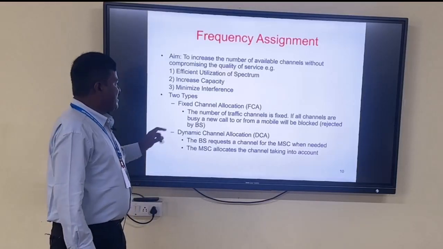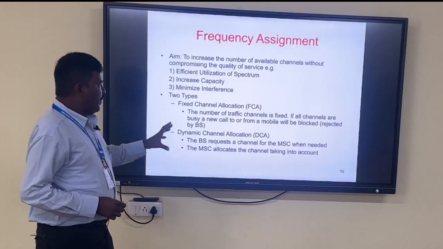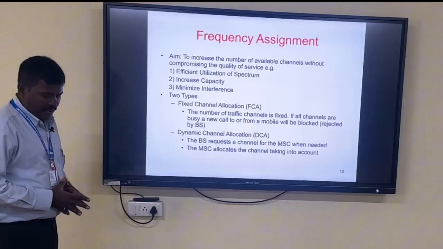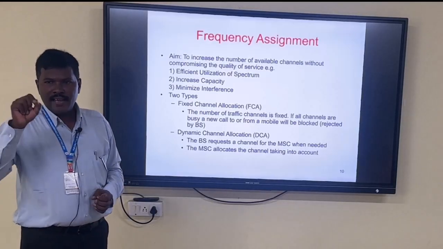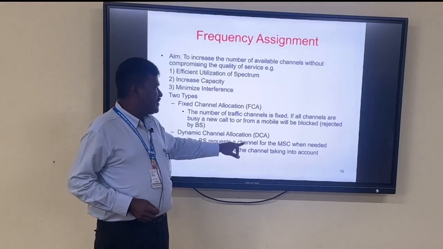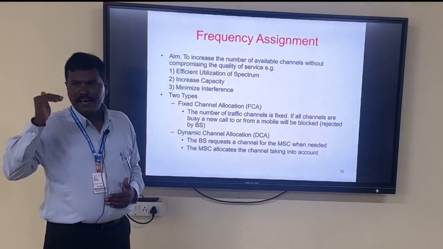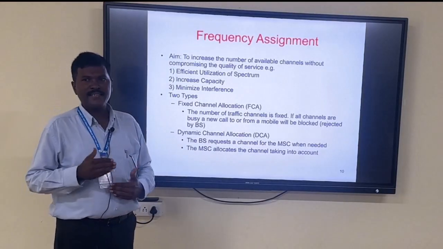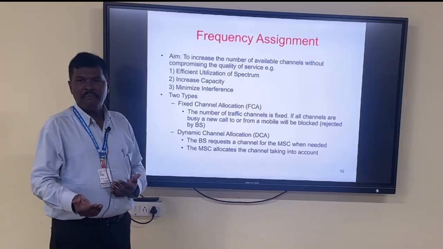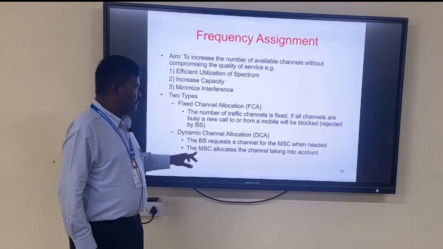The next is dynamic channel allocation. Here the process is a little bit different. The base station first has to give a request for the particular channel to the mobile switching center when needed. Only when it is a necessity, the base station will give a request to the mobile switching center for allocation of a channel.